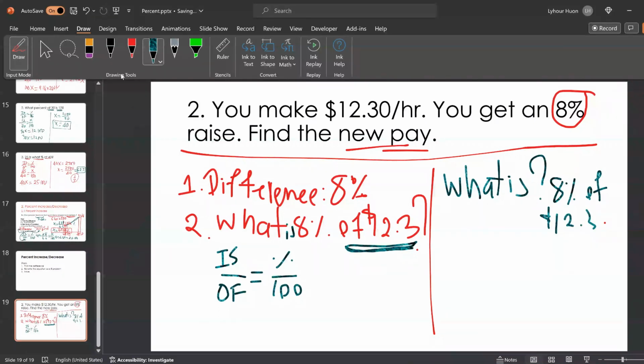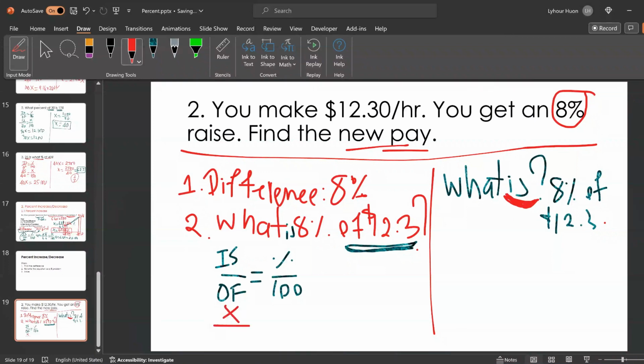So what does this mean? What is question mark? We are looking for "is". Let's denote the "is" as a variable x.